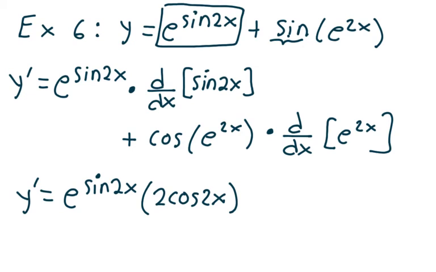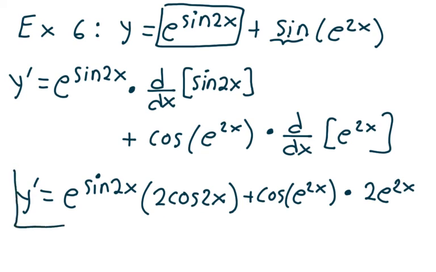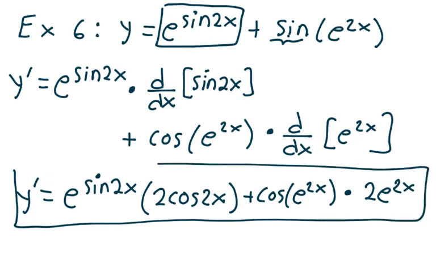And then I'm going to add cosine of e to the 2x times 2e to the 2x. And there's not a whole lot you can do with that other than to factor out the 2. And that would be the derivative of this function. So you're basically applying the chain rule twice.